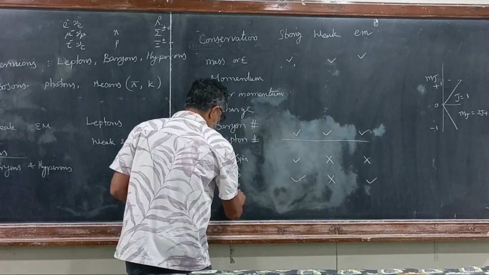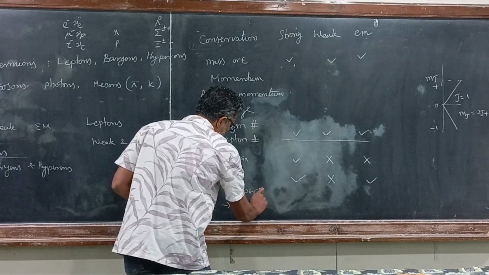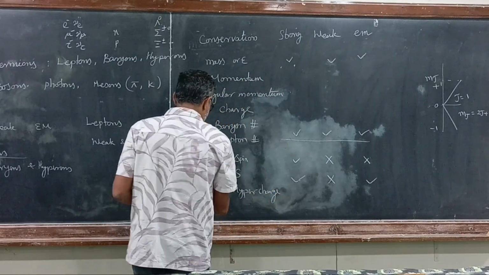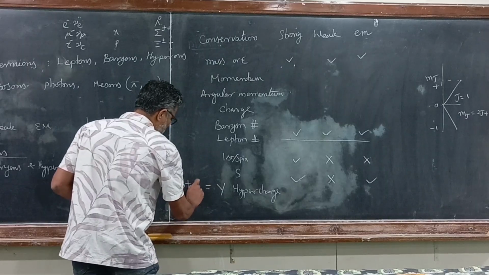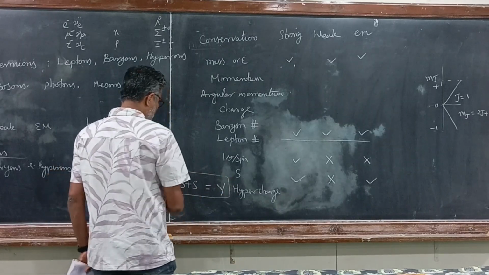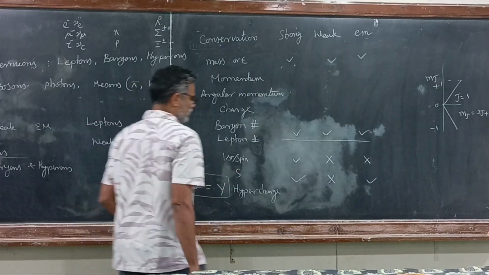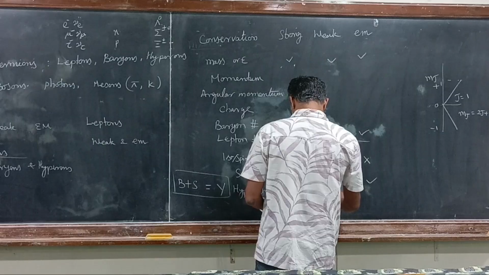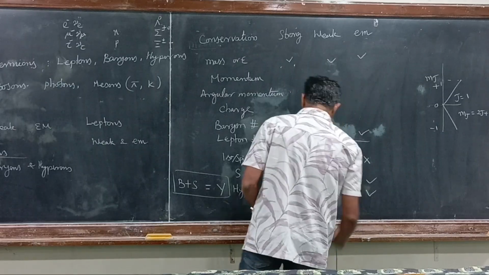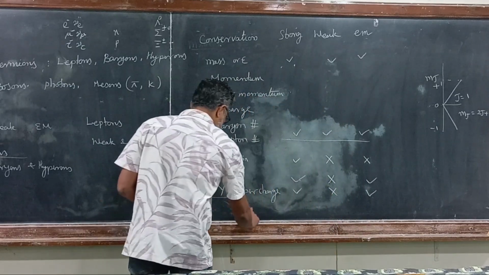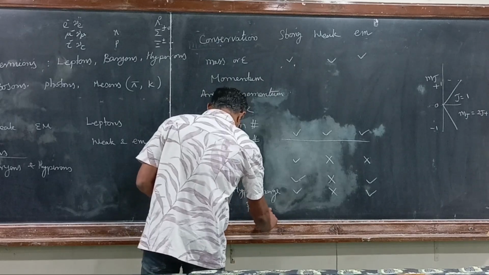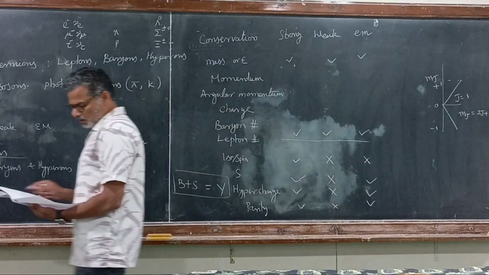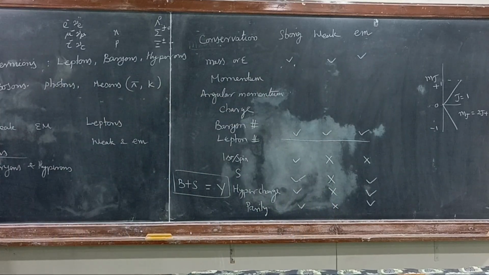And then a hypercharge, it's called Y. And this Y is related as B plus S. So this is the very basic relation. B is the baryon number, S is the strangeness number. So the strong interaction does conserve, whereas electromagnetic does conserve. And the last one, the parity. So the parity is these, not these. So these are the laws of conservation.